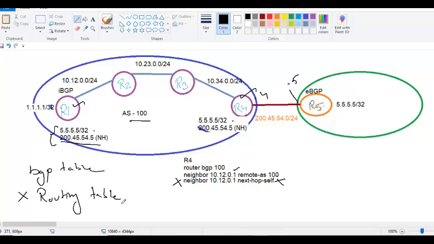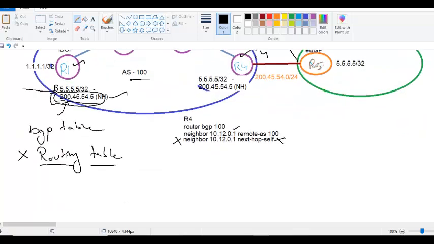Because when I started this class, I told you, you need a next hop. Yes, I have a next hop. But if that next hop is unreachable, if the routing table does not know where this next hop is, then it cannot use this network in the routing table. So the routing table will not have the route.